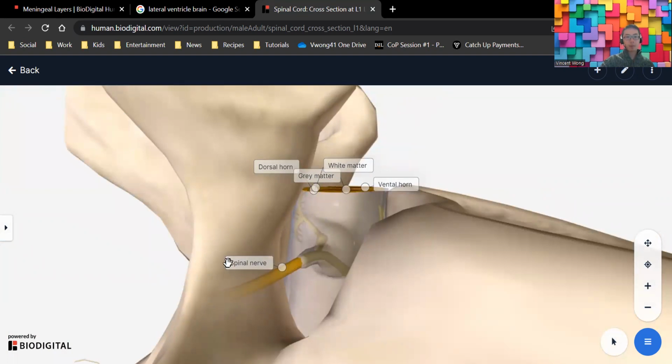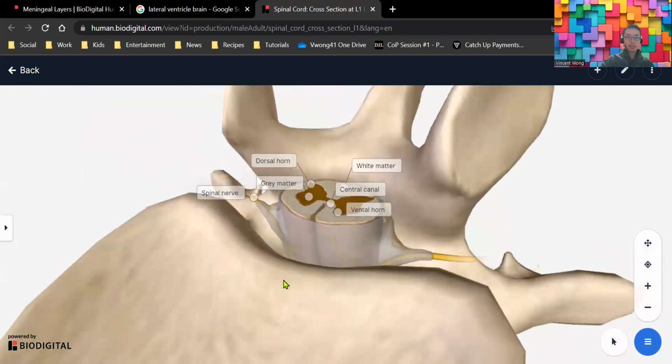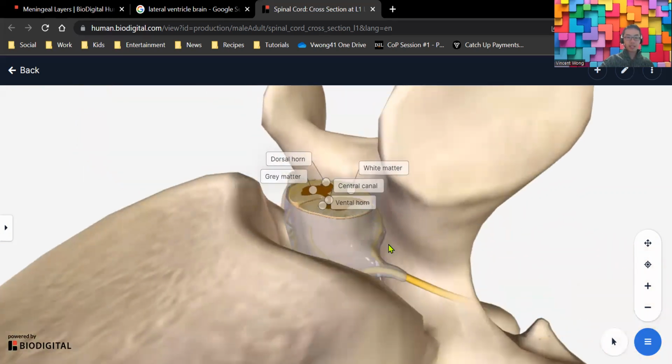Okay, and that's your spinal nerve. If I cut open this spinal nerve, I would see both the sensory going in and the motor coming out. Do you understand? And it would be exactly the same on the other side. I hope that makes sense. And of course, if you have questions, feel free to ask.